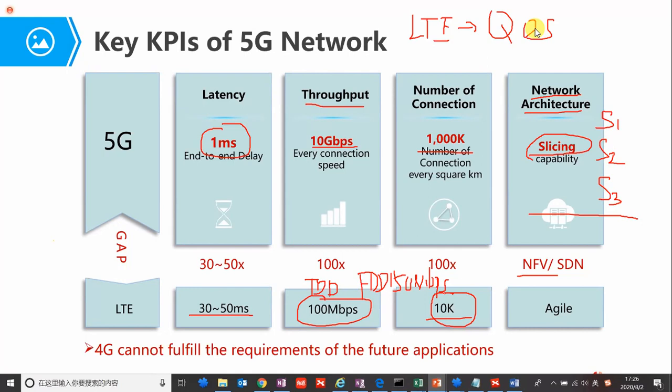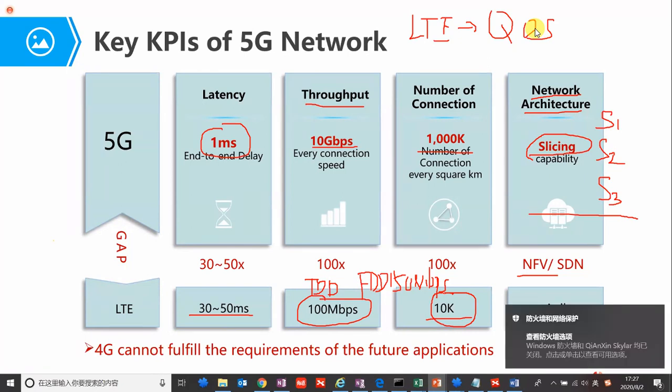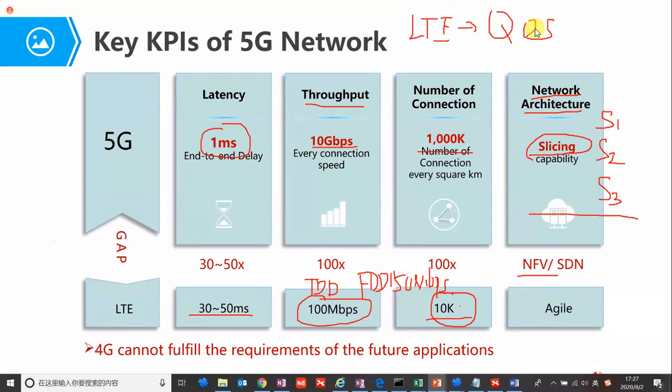Yes, so the capacity is 1,000 times, not 100 times. Oh, okay. After class, I will check it. Okay, thank you. You say it's 1K. Really? You mean it's 1K?